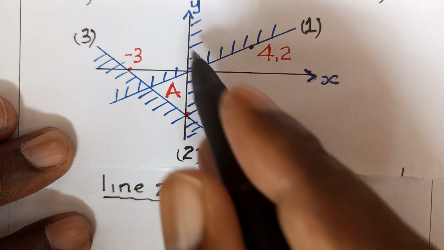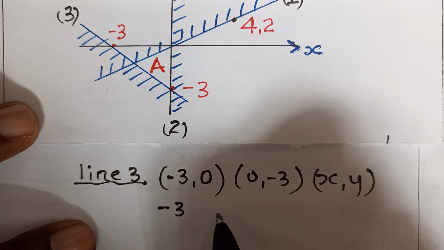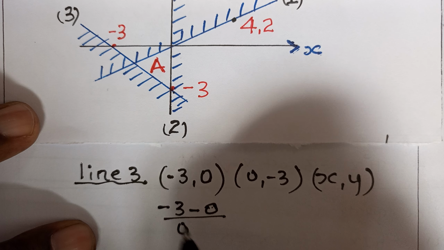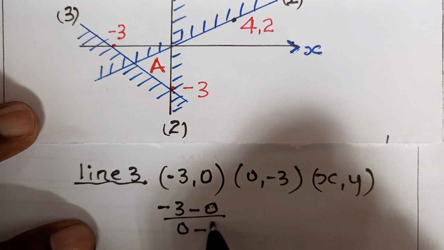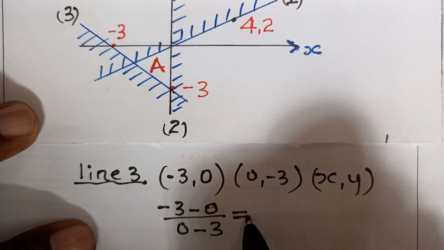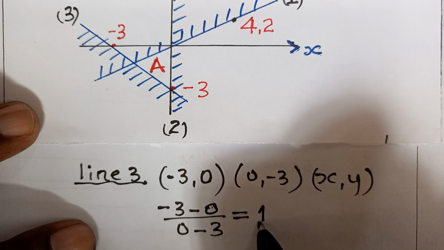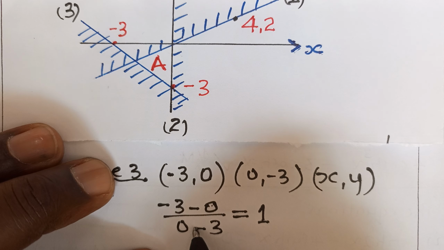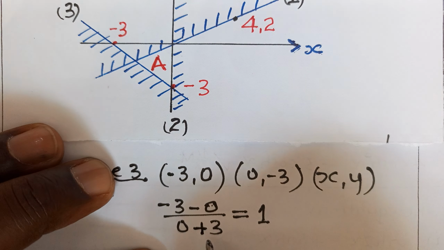And so the y increase is negative 3 minus 0, all over the x increase, 0 minus negative 3. This now comes to negative 3 over 3, which gives us negative 1, because we have 0 minus minus, which comes to plus.